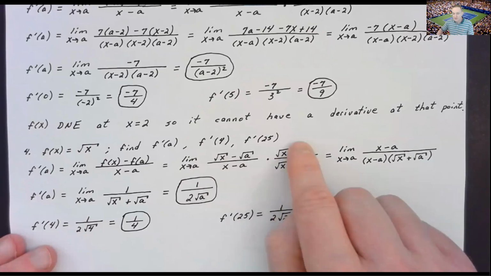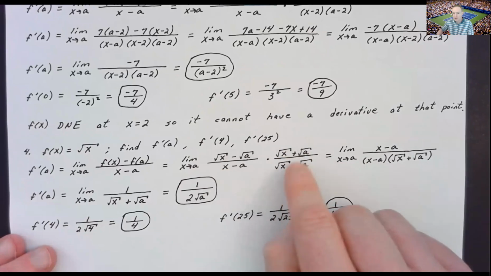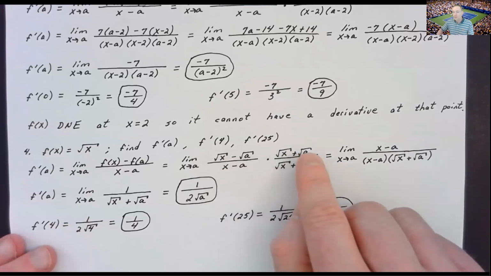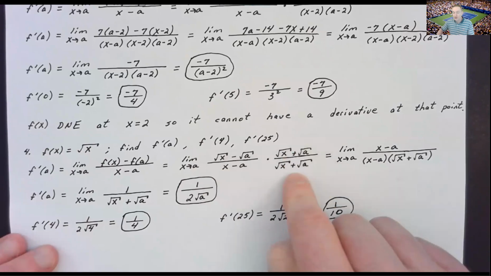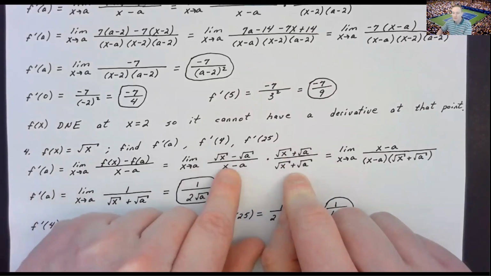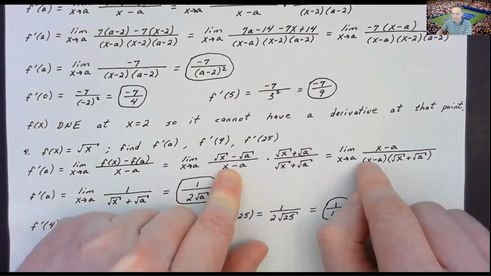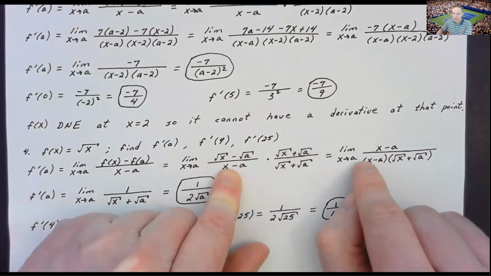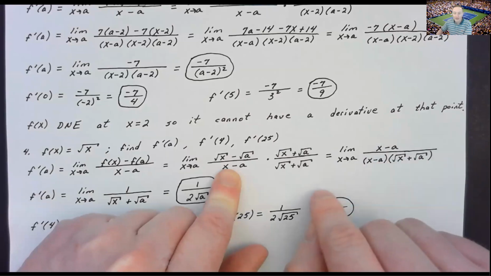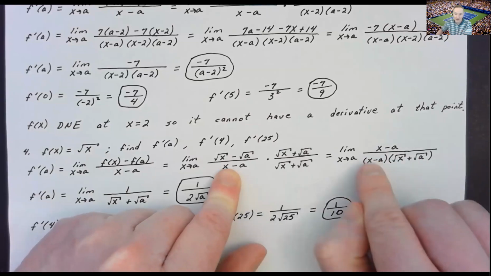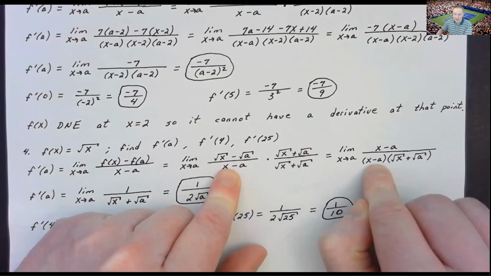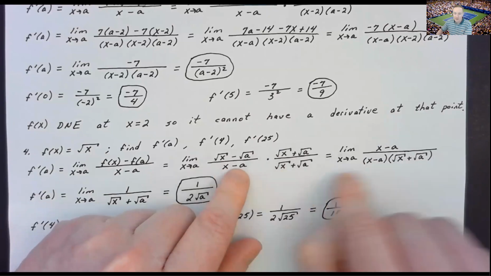I should have said I multiply by an understood 1: you multiply by the root of x plus the root of a in both the numerator and denominator. Notice in the denominator, I leave it factored. I don't start multiplying it out, because that would hide the fact that that x minus a needs to cancel. So I leave the denominator factored.